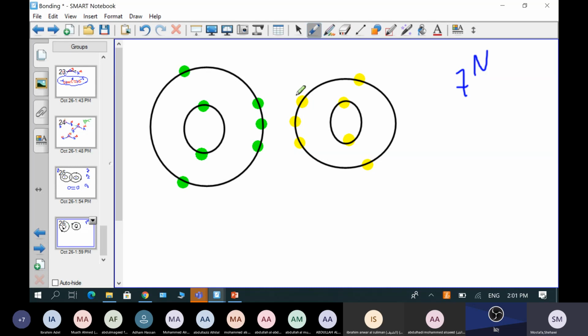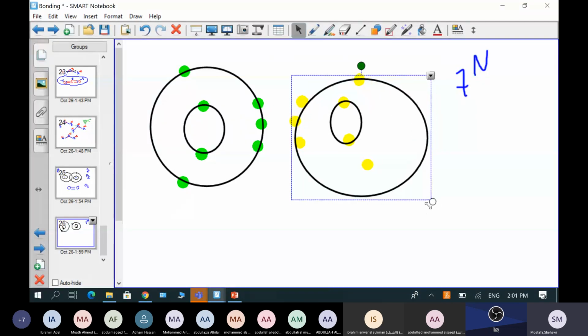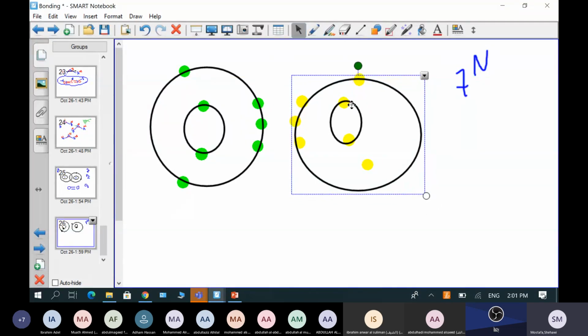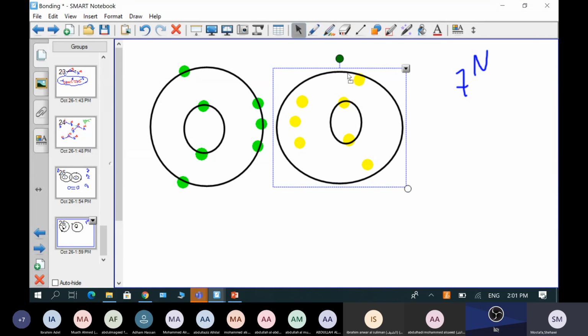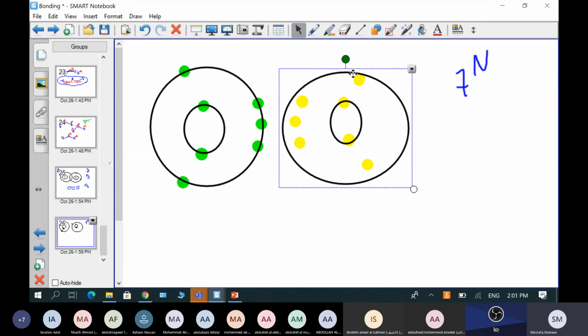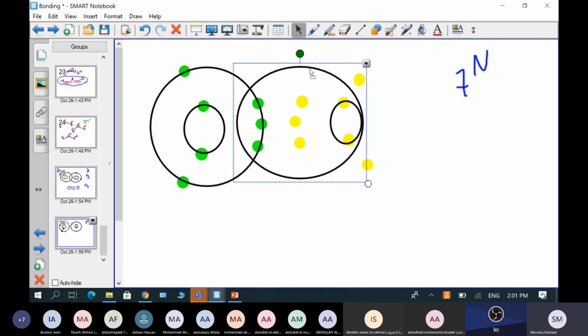So this one and this one are the same. I will make this the same so you will not get confused. After this, they will overlap. This one will overlap with this one, and each one shares by what? By 3. This one will come here, and this one will come here, and the first energy level is not affected.